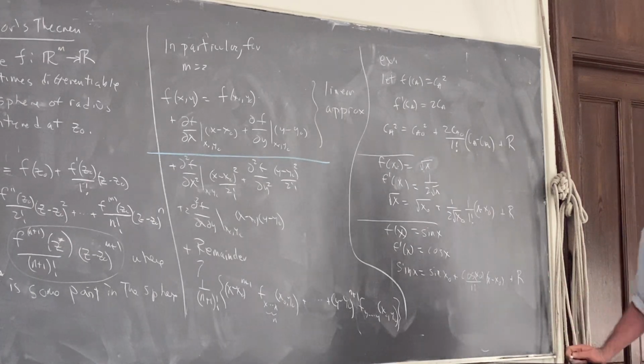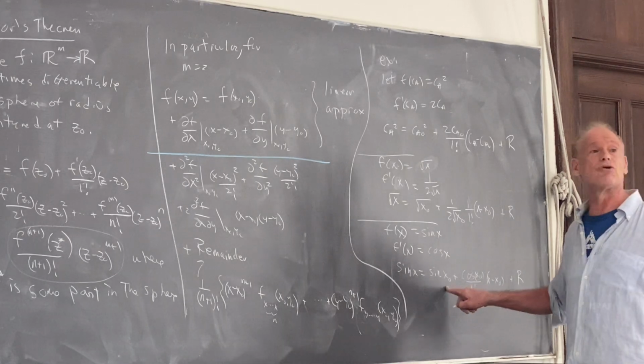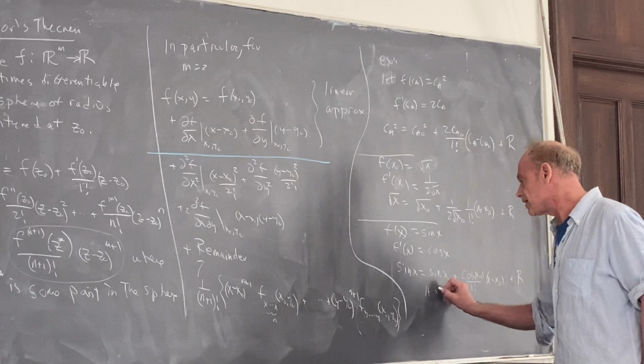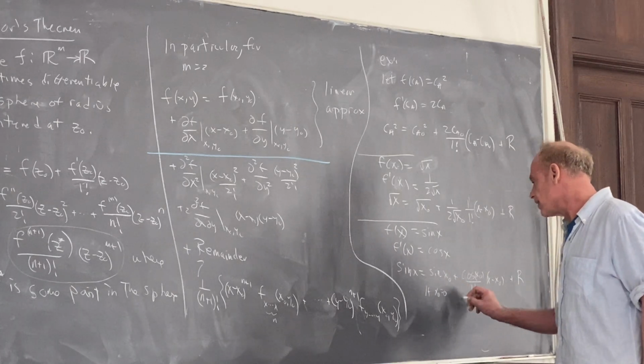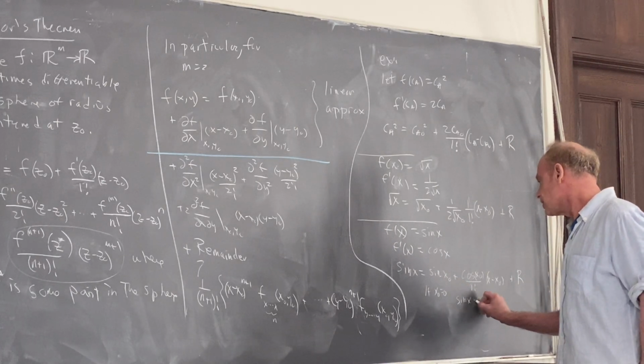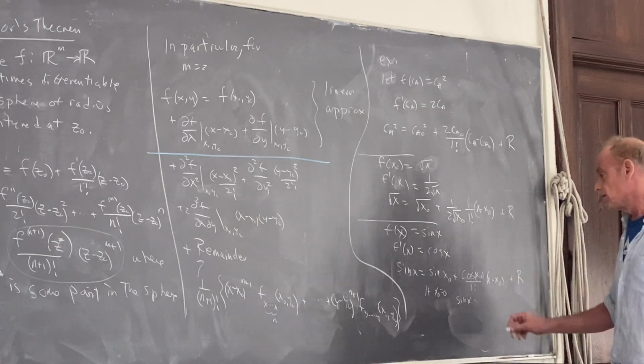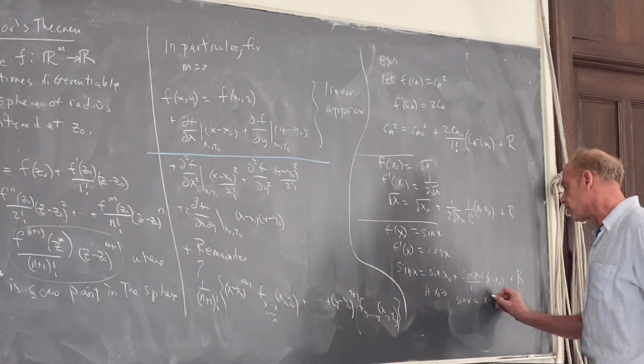And in fact, this is what you're used to for the Taylor series, for the power series. If I choose x0 equal to 0, then that just gives me that the sine of x is equal to, cosine of 0 is 1, times x minus x0.